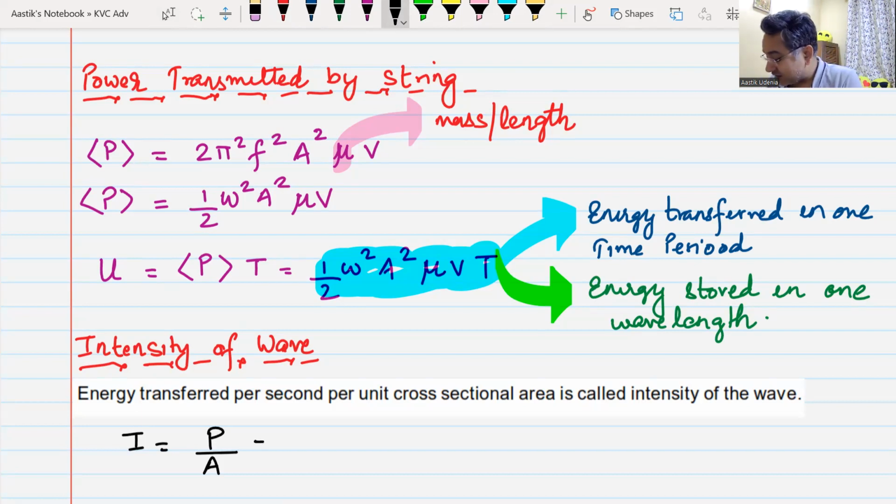Now I have this legendary formula for intensity, and you must not forget it, whatever happens. Half rho omega square A square into V. Now, what are the meanings of the terms here?